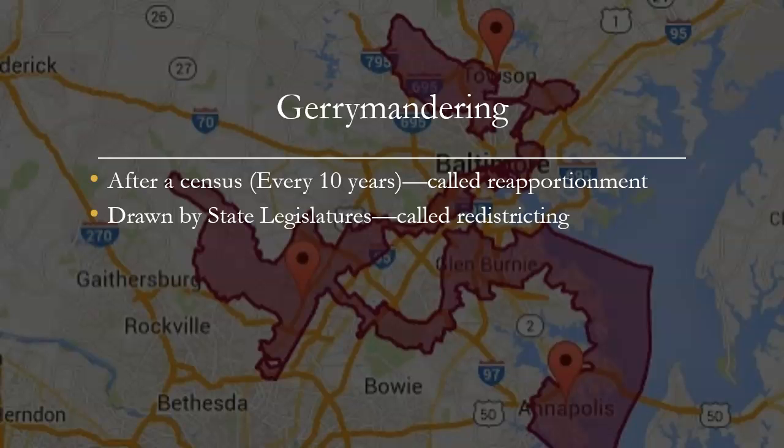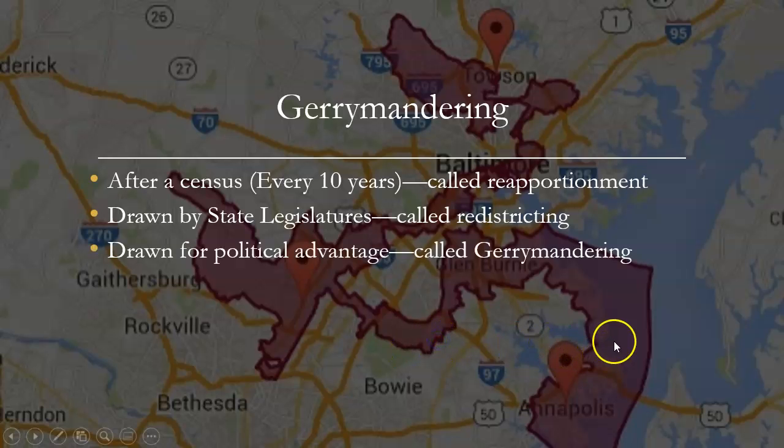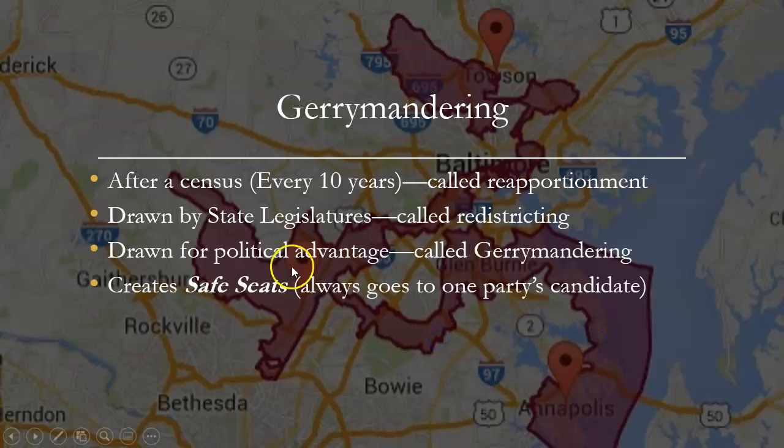So the Republicans were in charge. So of course they're going to redraw the districts in a way where the person that's no longer going to be in the House of Representatives is going to be a Democrat. So they're going to take a Democrat's district and break it up and put it into the surrounding areas. Okay, that's called gerrymandering. Okay, it creates safe seats.